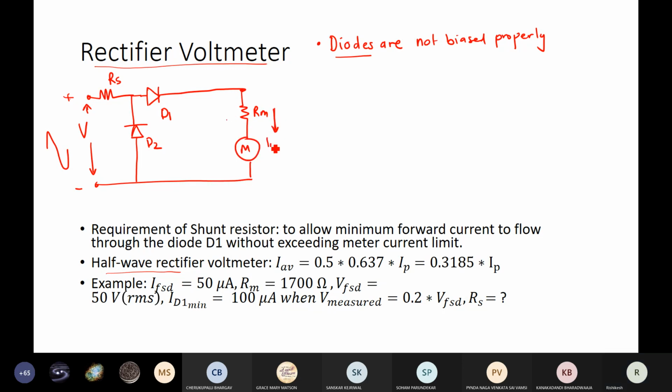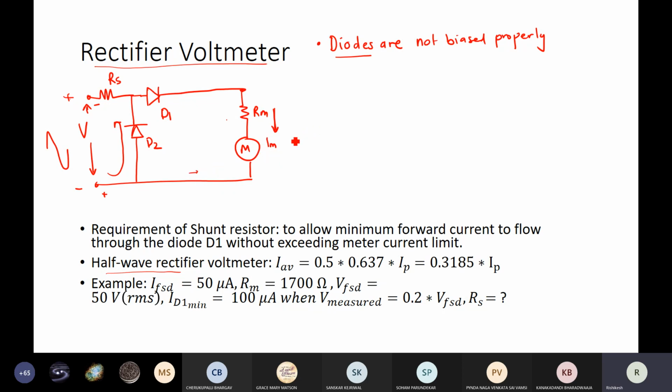What happens in the negative half cycle, when this is positive and this is negative? The current will flow through D2. That means it will bypass this portion, because in that case D1 will be reverse biased, so the current will not flow in this.